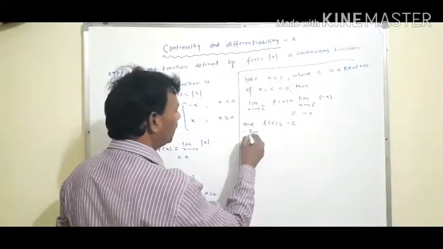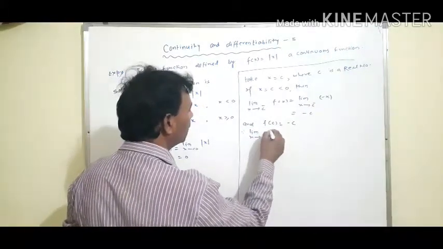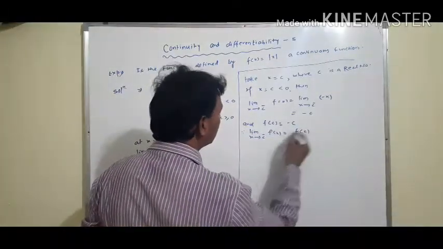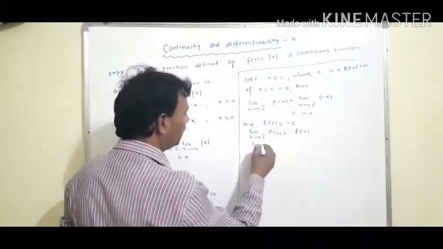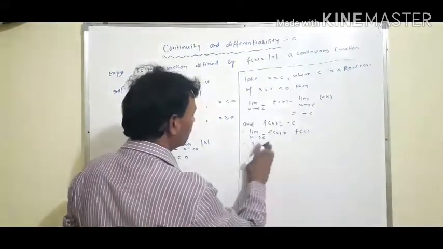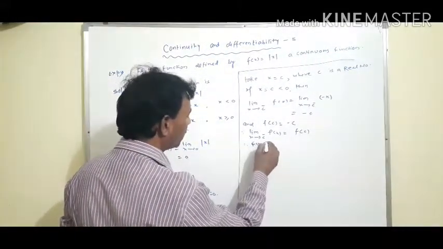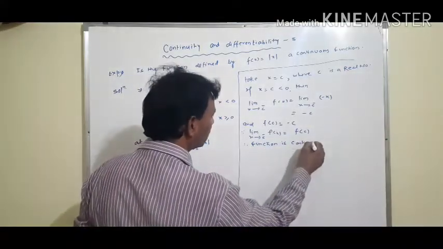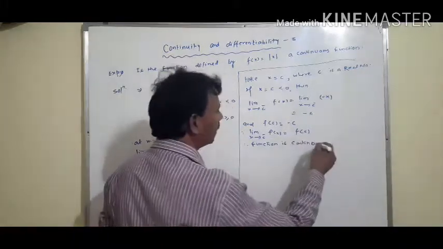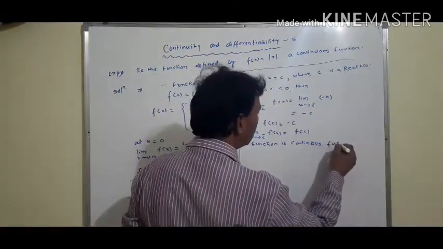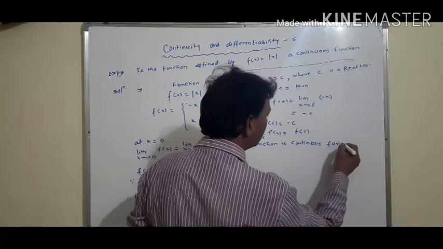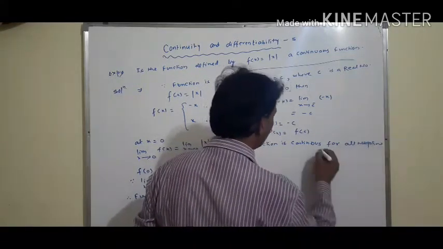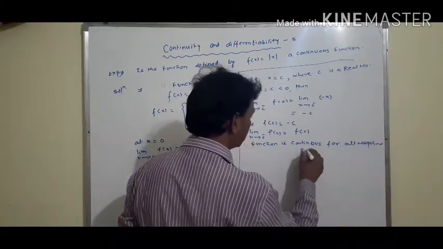Since limit x tends to c of f of x equals f of c, therefore the function is continuous for all negative real numbers.